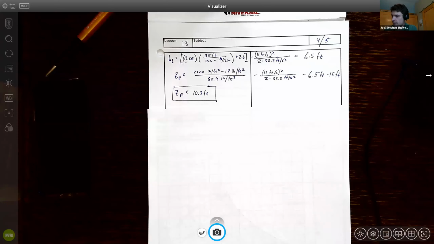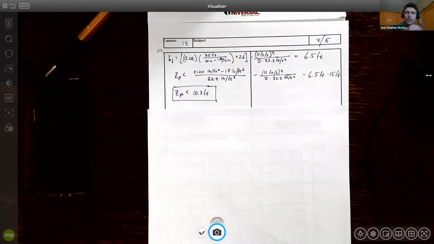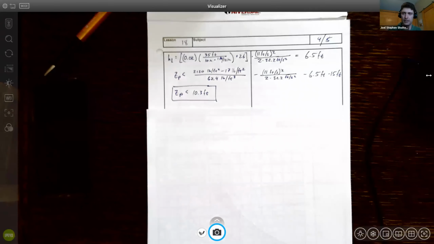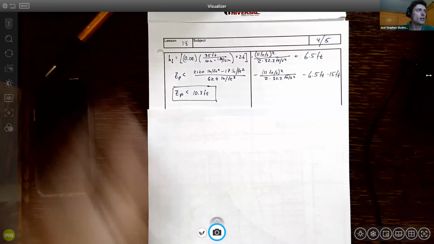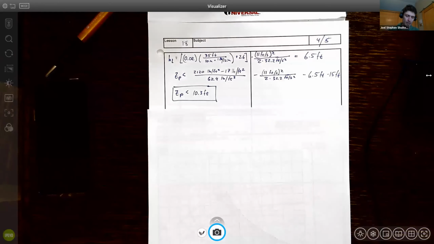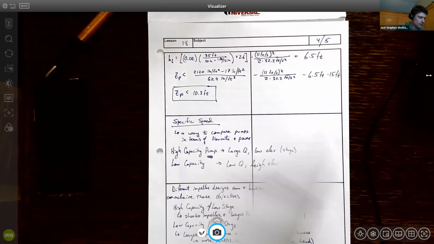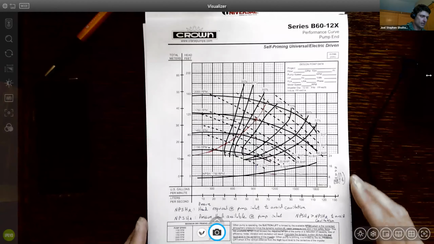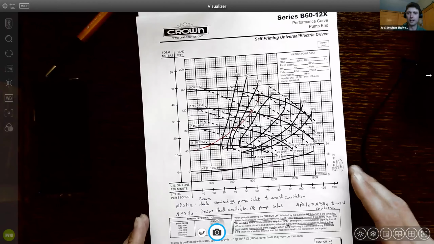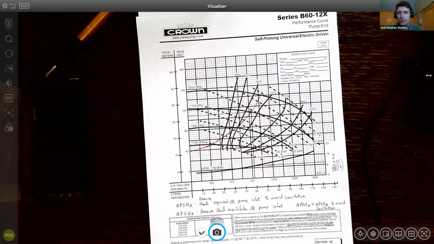I posted a guide in more layman's terms. The book's kind of theoretical. The guide I put there is a little more plain speak about net positive suction head. There are two different terms. Typically, when you see the pump curve, it's going to be the required head, and that's the head you need coming into the pump to avoid the pressure drop going below cavitation or vapor pressure.